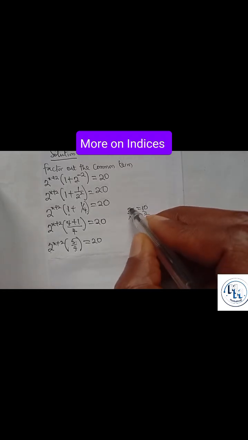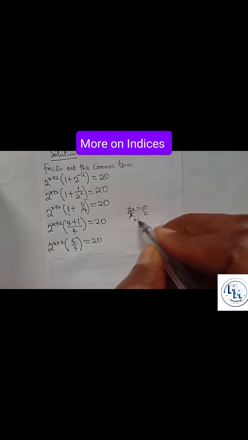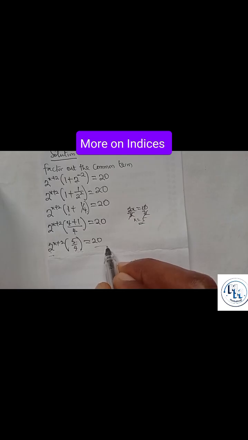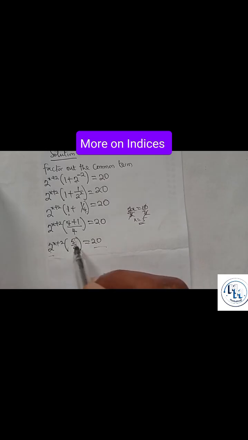So 2 cancels 2 and x is left. 2 in 10 is 5. Good. So if I divide both sides by 5 over 4, in other words, it means I should multiply both sides by the inverse of this, which becomes 4 over 5.